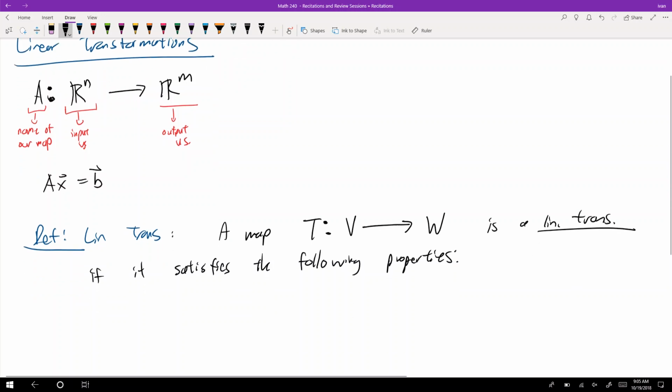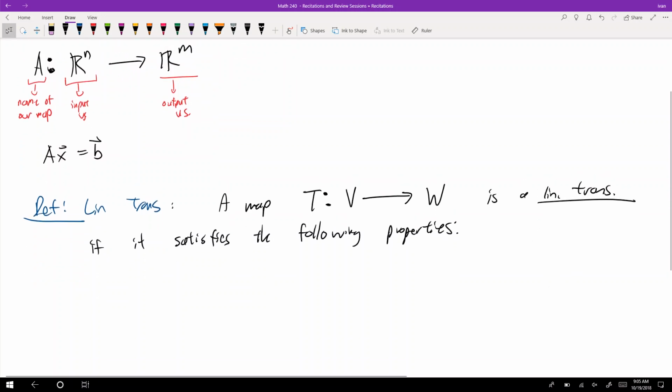Okay, and there are two of them. So the first one is, all right, let u and v be inside our input vector space, which is the big V. And then we will say T of u plus v is equal to T of u plus T of v.